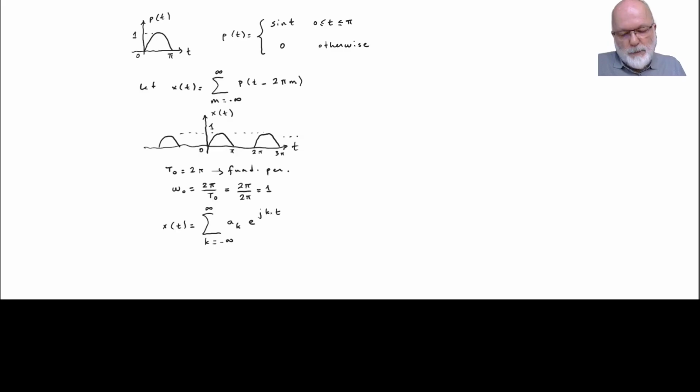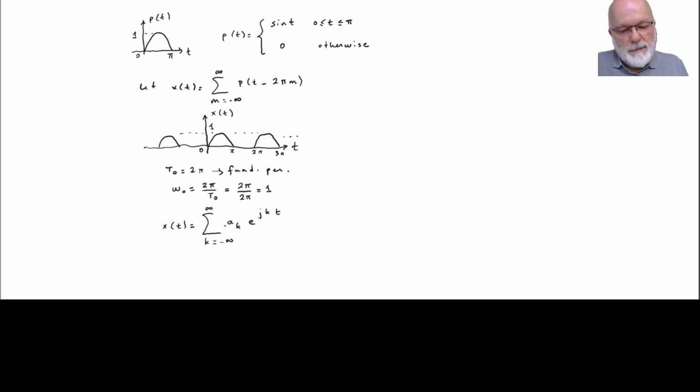Since omega 0 is equal to 1, we insert omega 0 equal to 1, and the complex exponential signals are the harmonically related signals e to the j k t, where k is the integer index running from minus infinity to plus infinity.